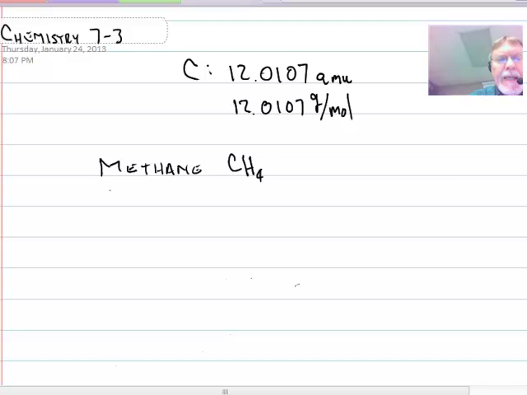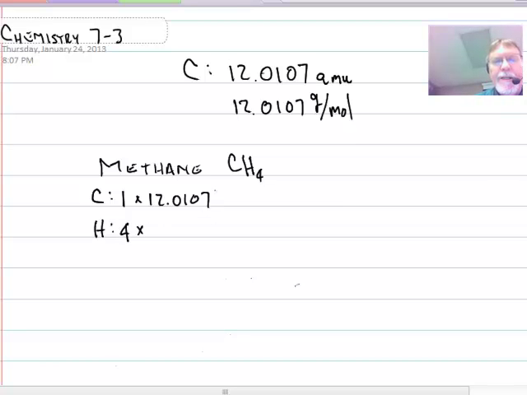And I like to set these problems up like this. All right, carbon, and that formula indicates 1 carbon atom, and then hydrogen, and that formula indicates 4 hydrogen atoms. And then we put in the masses, and you may need to look these up in the periodic table until you get very familiar with them.